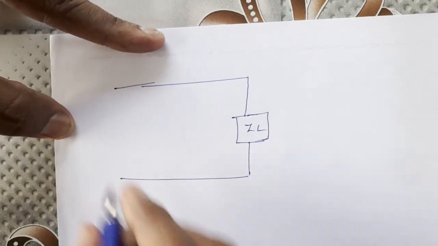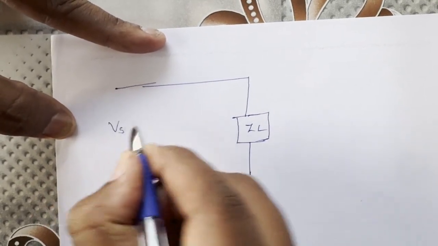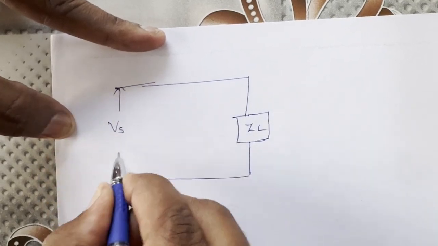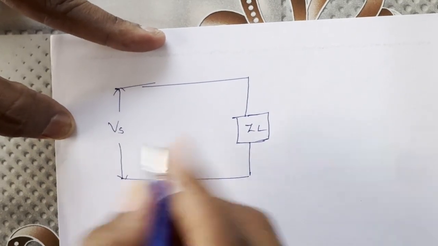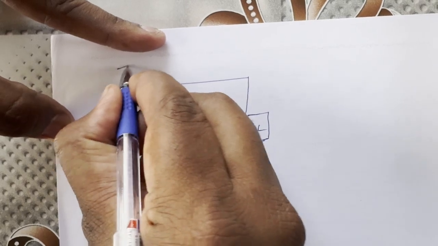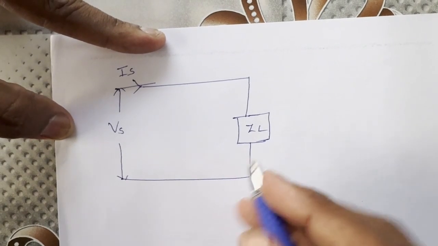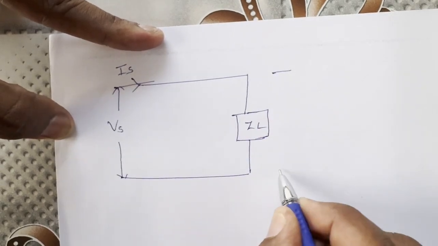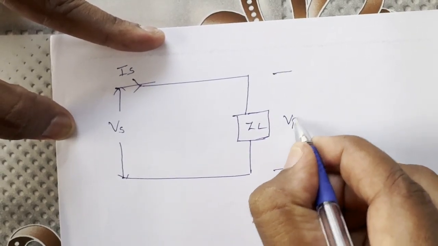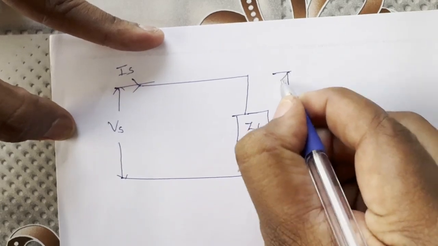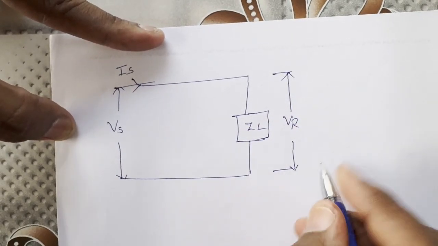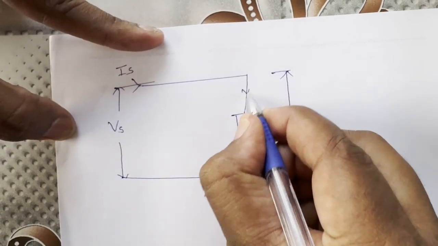At the source, V equal to Vs and I equal to Is. At the same time, at the reflected end, V equal to Vr and I equal to IR.